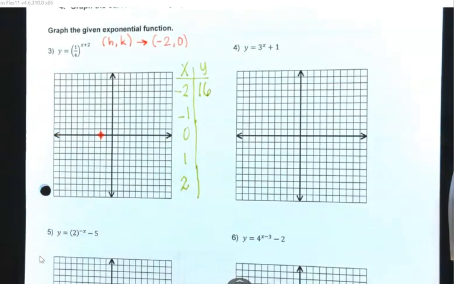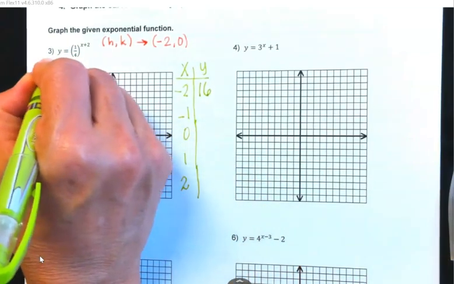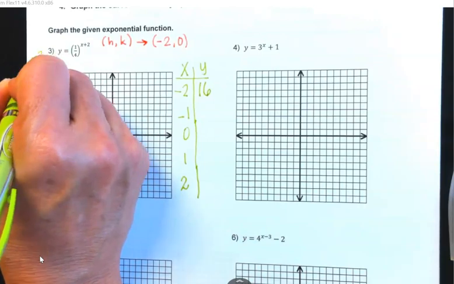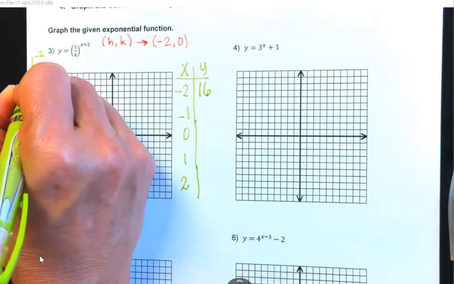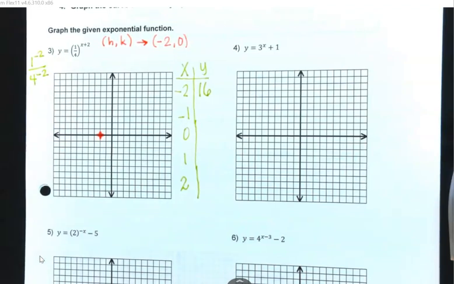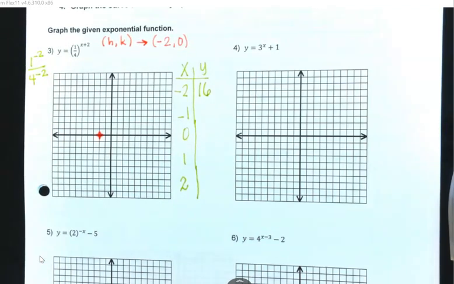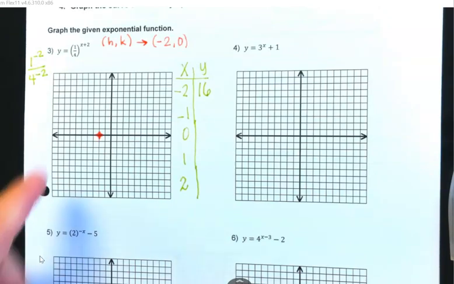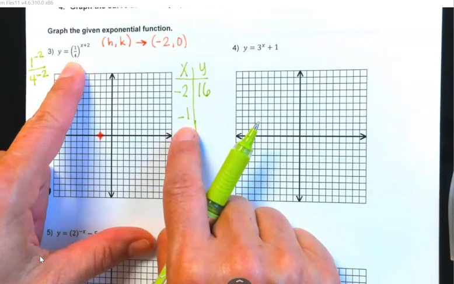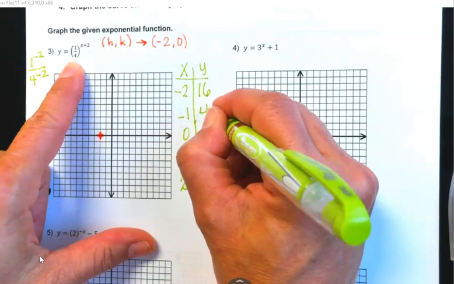1/4 to the -2 is 16. This would be 1 to the -2 over 4 to the -2. And that is in the wrong spot. All right, 1/4 to the -1st is 4.